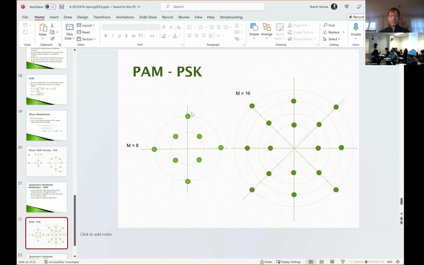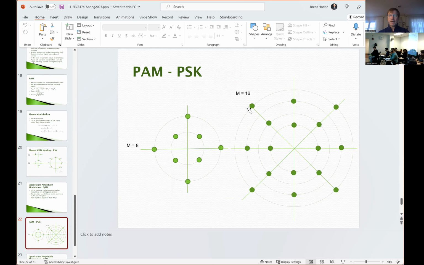But we can now start looking at multiple amplitude levels and multiple phases, and start spreading these constellation points out on the complex plane, right?